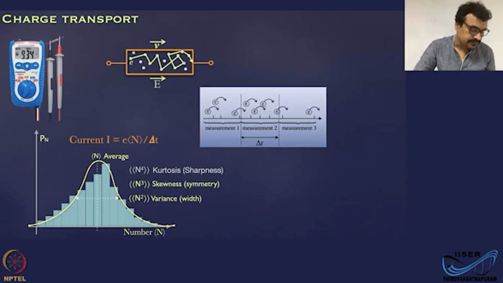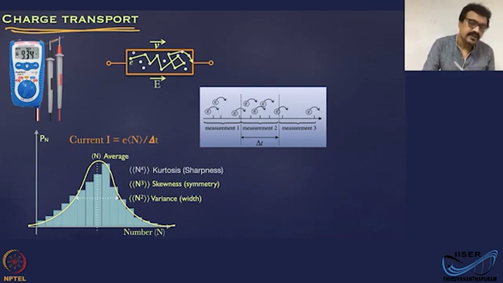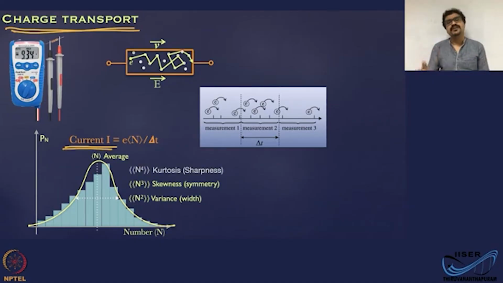Now, let us relook the charge transport in terms of the electrons going through the circuit, in terms of electrons going in a discrete manner. So what we generally define is a current, and we think it is a continuous quantity.